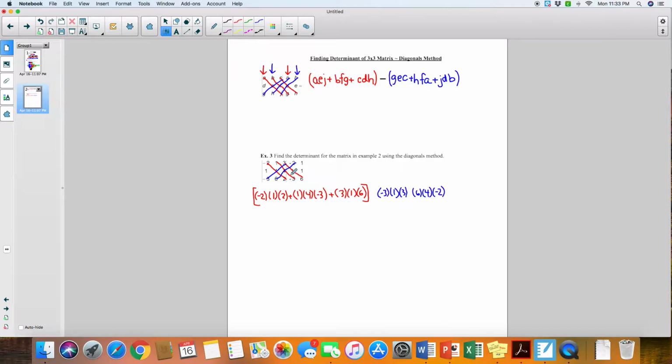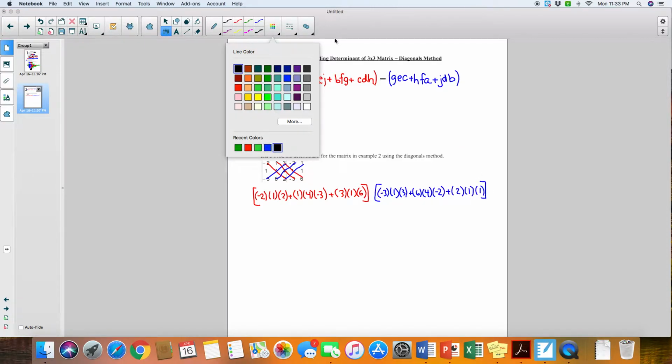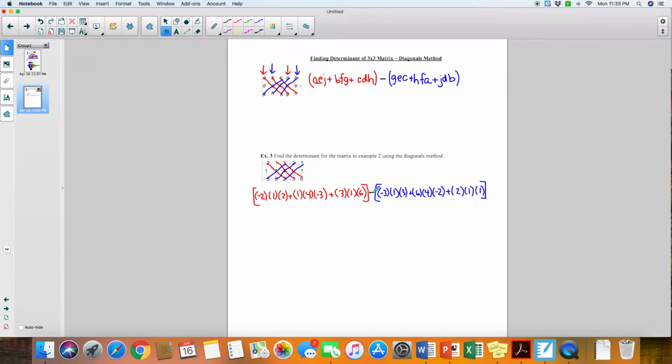And then I would do 2 times 1 times 1. After I found those products, I would add them together to get that sum. And then the last step is to take the difference in between the two.